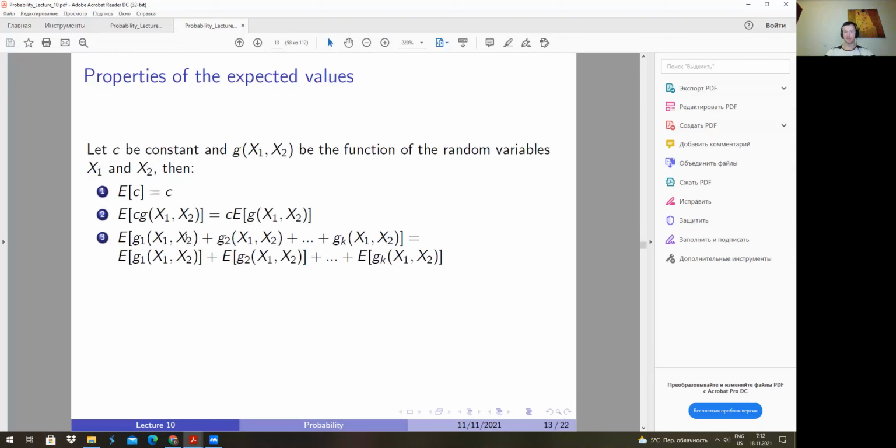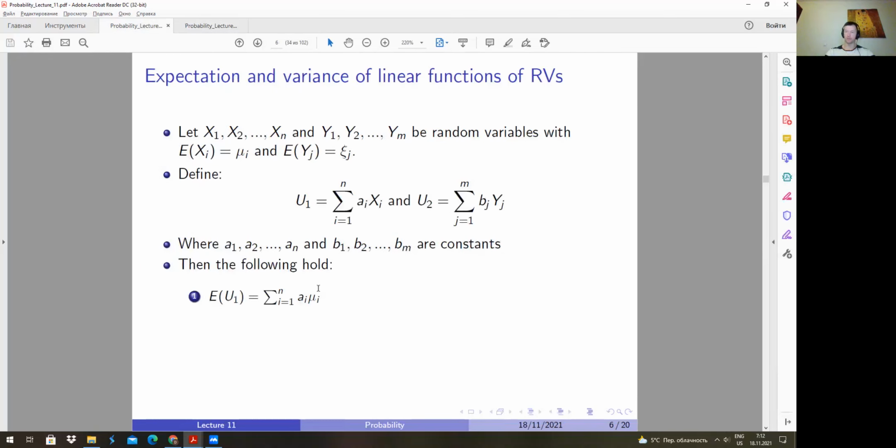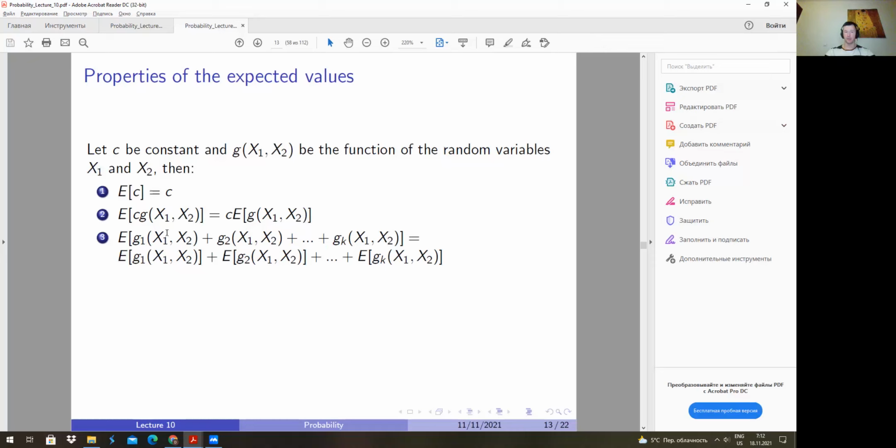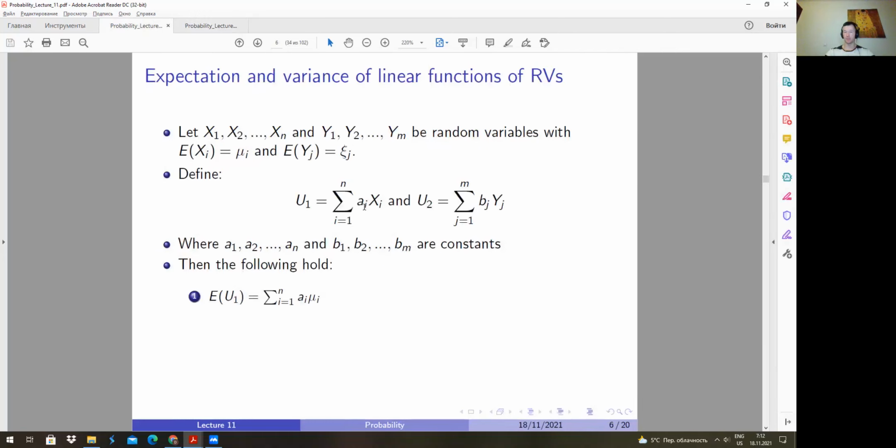When we find the expectation of the sum, we simply break it down into the sum of expectations. That's exactly the property that we use to get this. Then I can apply property number 2, take each coefficient out of the expectation sign, and it's going to be a1 expectation x1, a2 expectation x2, and so on.